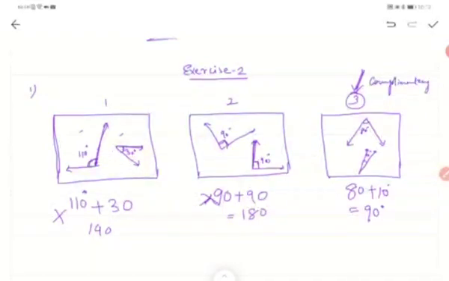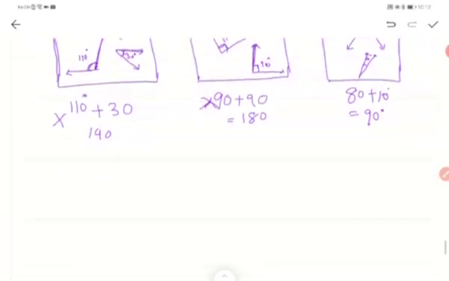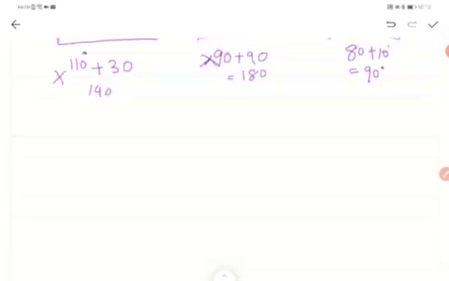Okay, I hope it is very clear, and it's very simple and easy to understand. There's nothing difficult in this, isn't it? So sometimes your question will be given such that they already tell you that the angles are complementary. Only one angle will be given, and you need to find the other angle.